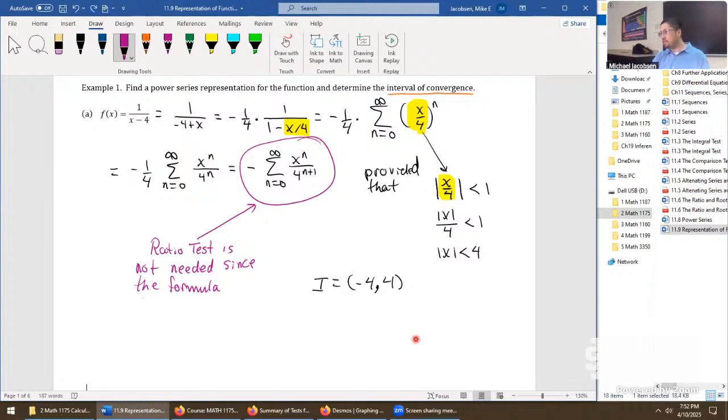The formula gives a shortcut. It's indirect. We had to do some algebra to get there, but it gives a major shortcut to this, the interval of convergence.